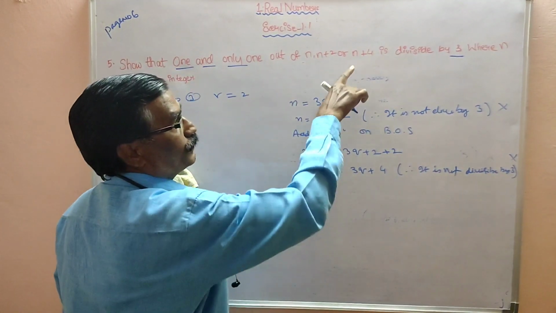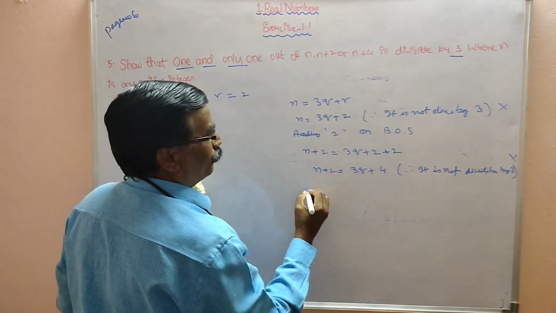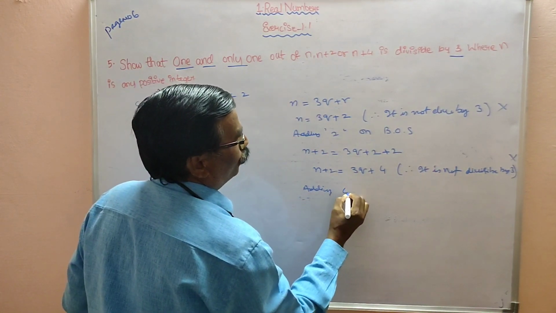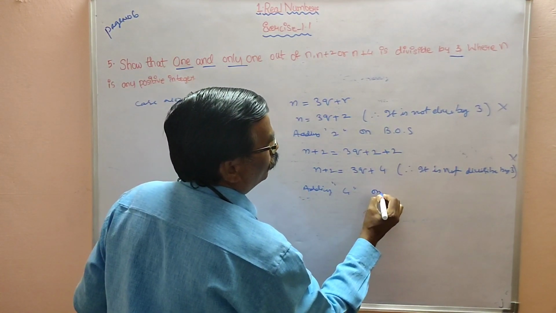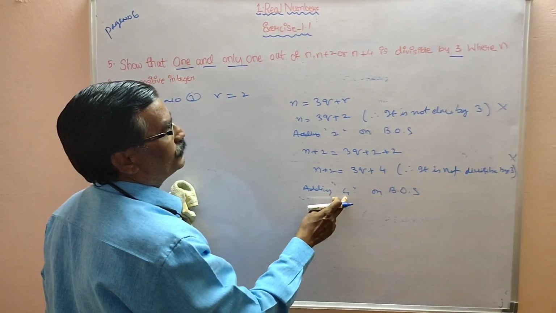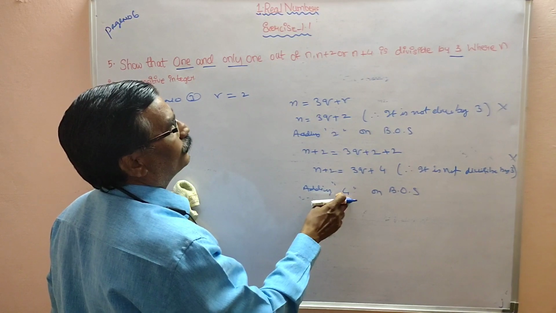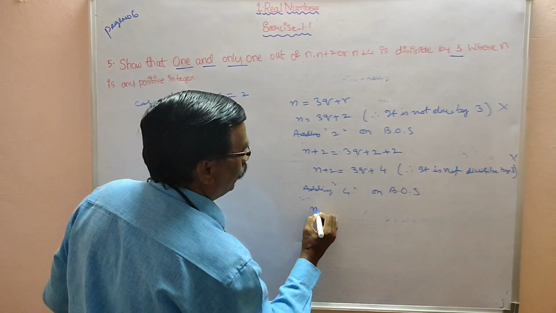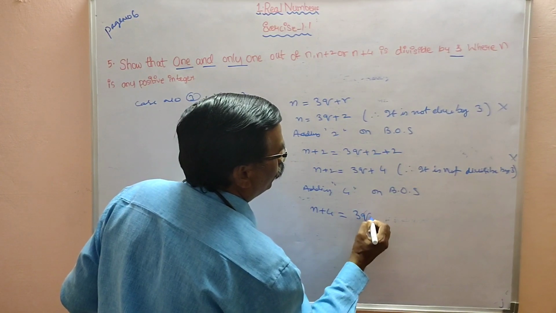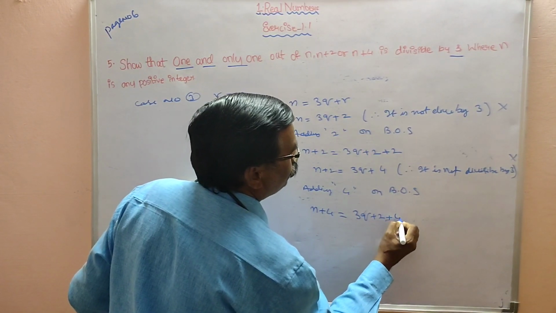So again, n plus 4 is there. So adding 4 on both sides. Adding 4 on both sides means n plus 4 equal to 3q plus 2 plus 4.